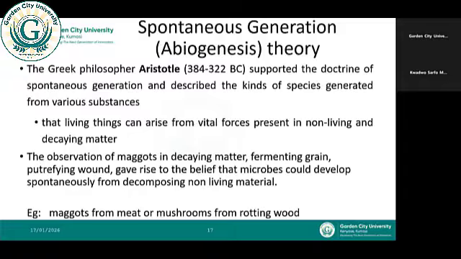Seeing maggots in decaying matter, grains fermenting, and wounds getting worse gave rise to the belief that microorganisms arise from decomposing non-living matter. So you could see maggots from rotten meat or mushrooms from rotten wood.